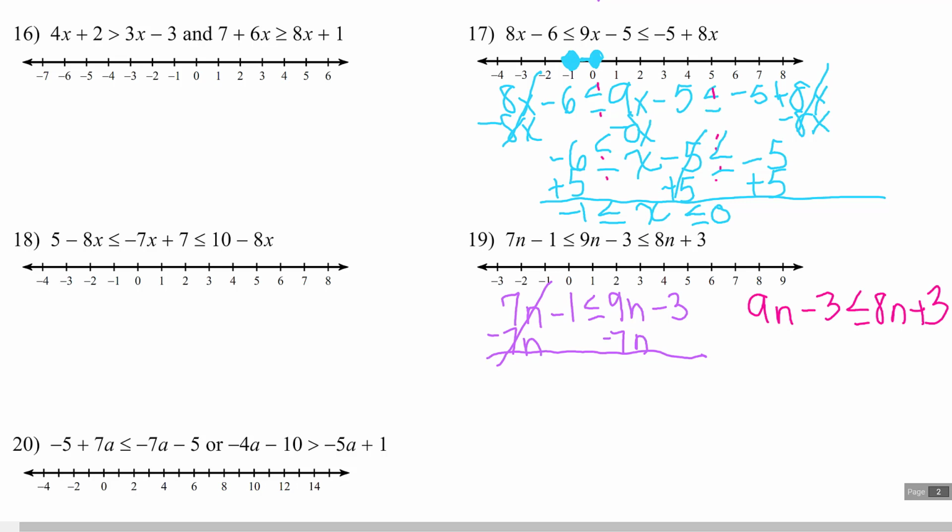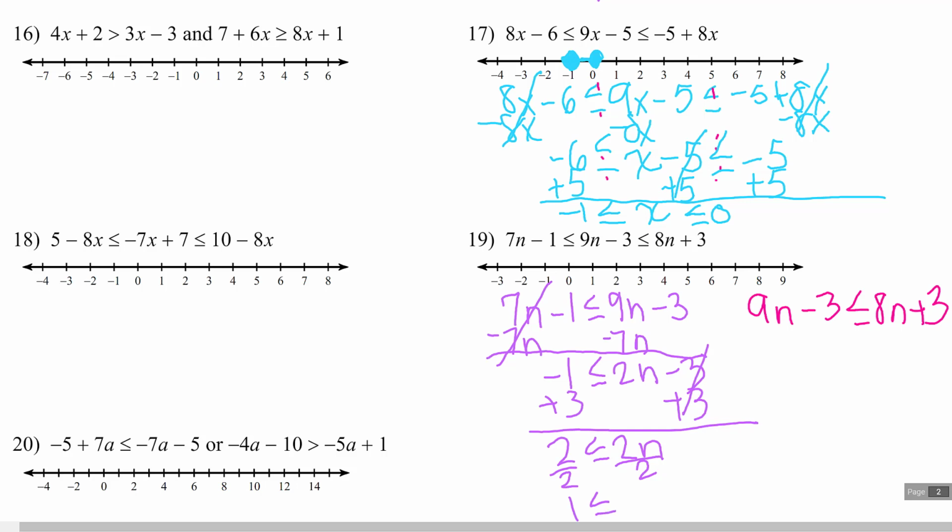Here they cancel. Okay, and I want to get this by itself, so I'm going to add 3 to both sides. Divide both sides by 2. And get 1 is less than or equal to n.